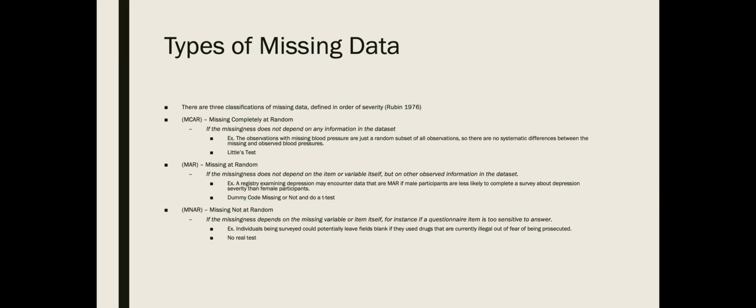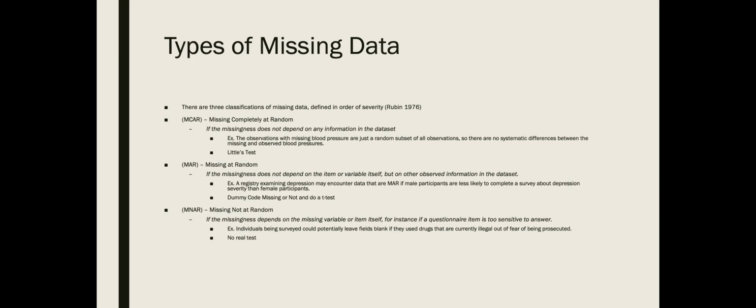One test that we can use to find out if it's MCAR, missing completely at random, is Little's test. The second classification is missing at random, where the missingness does not depend on the variable itself, but on other observed information in the data set.